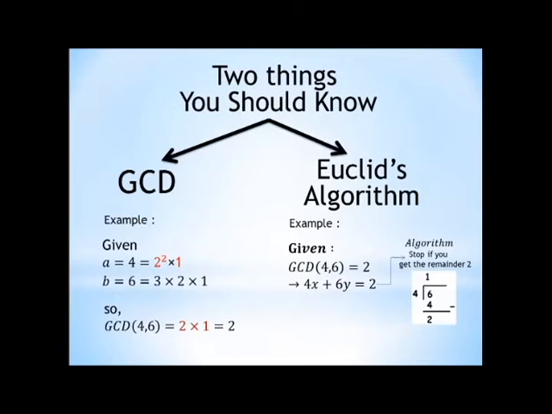We divide 6 by 4, which gives 1 as the result and 2 as the remainder, and you stop when you reach the remainder, 2 in this case. Then you can write this as 2 times 4 plus minus 1 times 6 is 2. So the value of x is 2 and the value of y is minus 1.